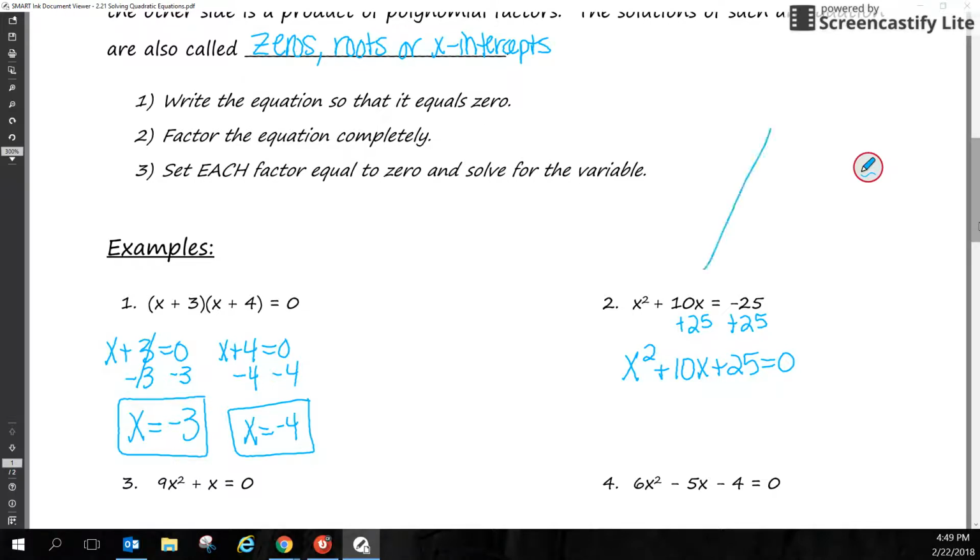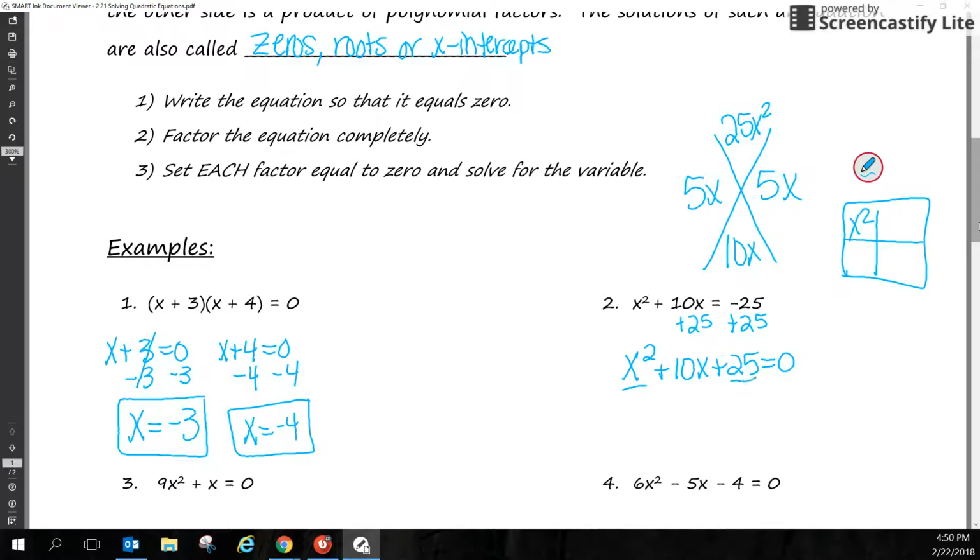So here's my x squared on top, I've got 25, bottom is 10x. I'm looking for two numbers that multiply to 25, add up to 10. That would be 5x and 5x. Taking my factor box. First term, first box. Last term, last box. Other two factors we just found are in my middle boxes.